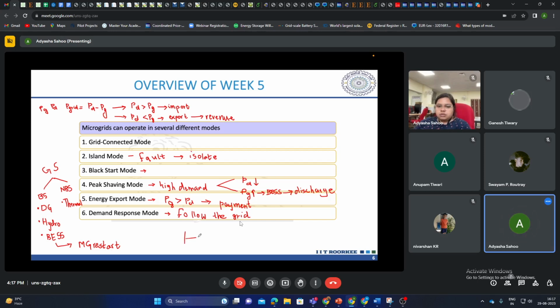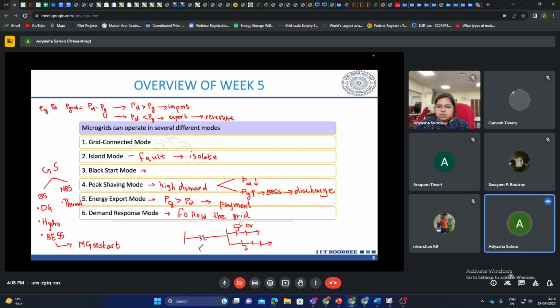We have the grid here, and let's say a microgrid here, with PVs.